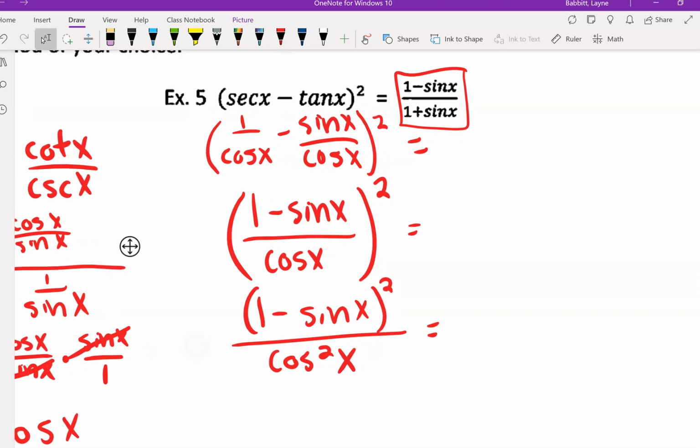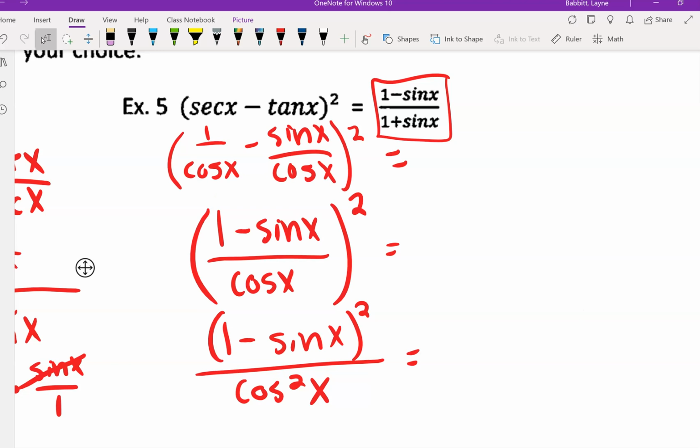All right, and then again I end up looking back at my goal a lot. I'm trying to somehow get a 1 plus sine x on the bottom. And what I have now is a cosine squared x. I am going to use a variation of my Pythagorean identity to somehow get that to have a sine in it as well.